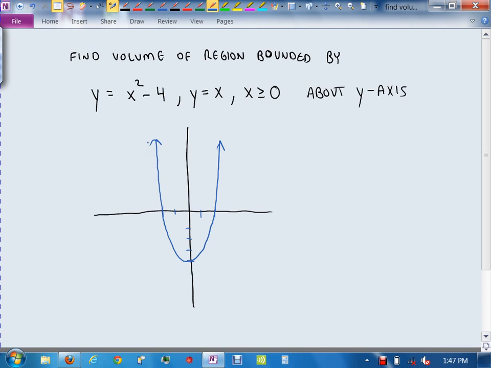All right, and then y equals x. Y equals x is the diagonal line. Something like that. I'm a little off on this, but close enough. That's y equals x.